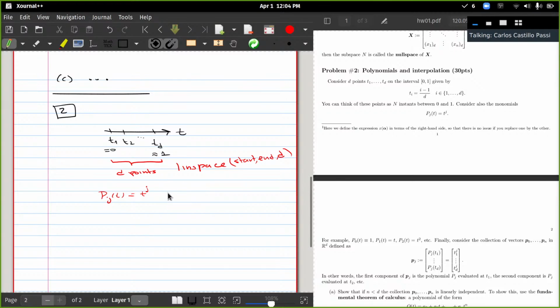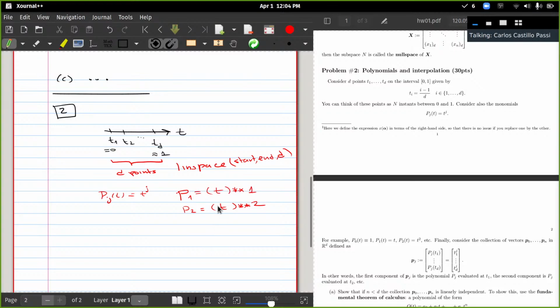In Python, that means that my first vector, p sub 1, is equal to this function, t star star 1, t star star 2, and so on.